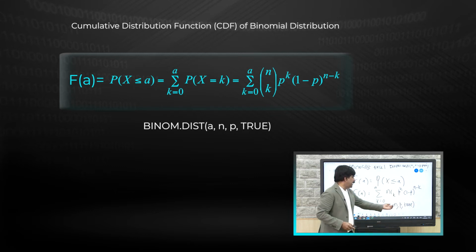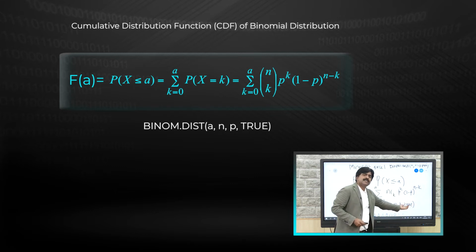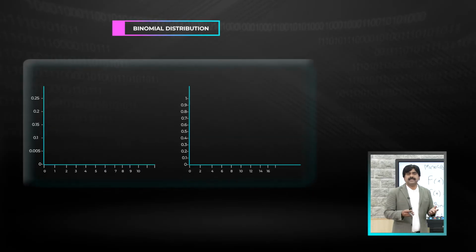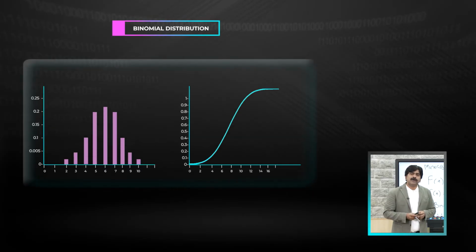Remember, whenever we enter TRUE here, it gives us the cumulative distribution function. Whenever we use FALSE here, we will get the probability mass function. In this slide, as an illustration, I have the probability mass function and cumulative distribution function of the binomial distribution for the parameter values n equal to 10 and p equal to 0.5.